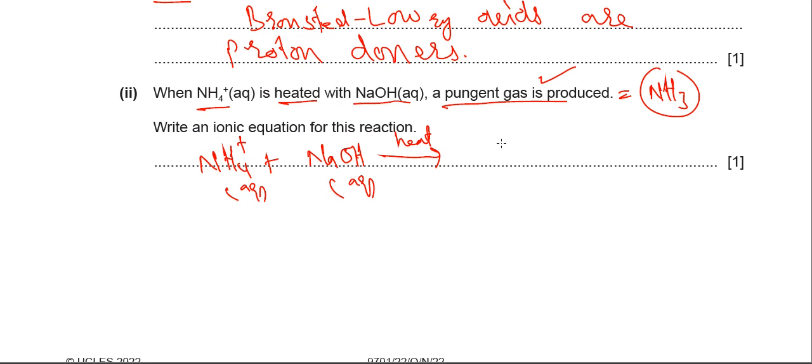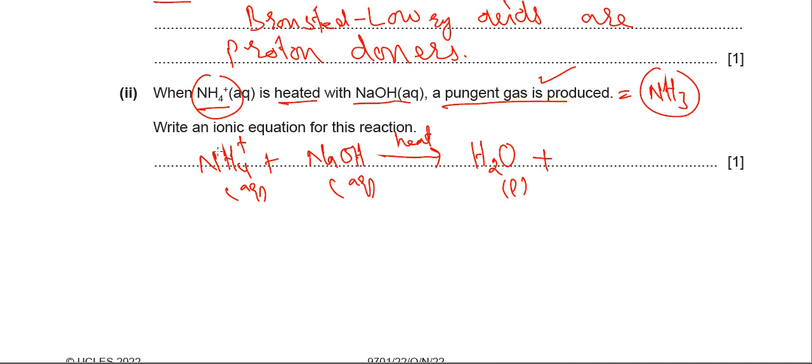Now we have to write the products. The ammonium ion releases one of its hydrogens, as we also defined that the ammonium ion is a Bronsted-Lowry acid. So the acid releases hydrogen ions, protons. Those protons combine with the hydroxide ion, making water, and the physical state of water should be liquid.